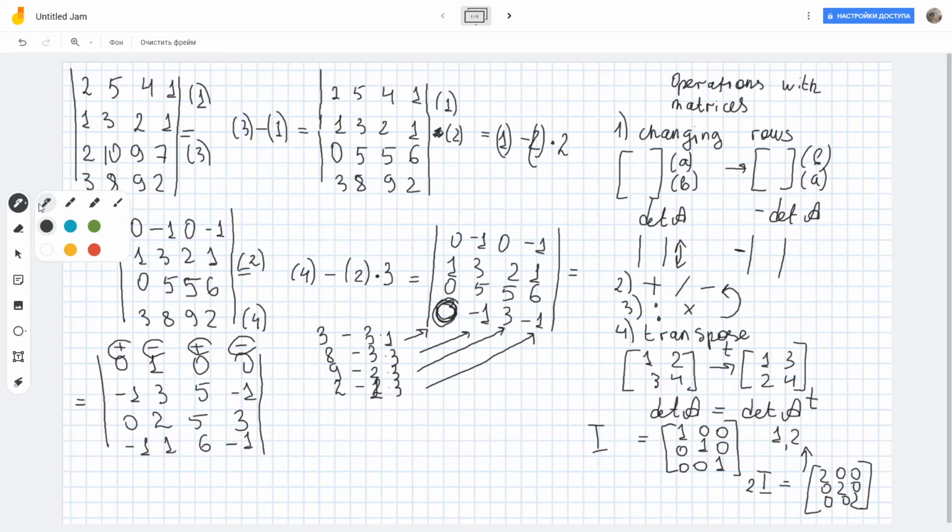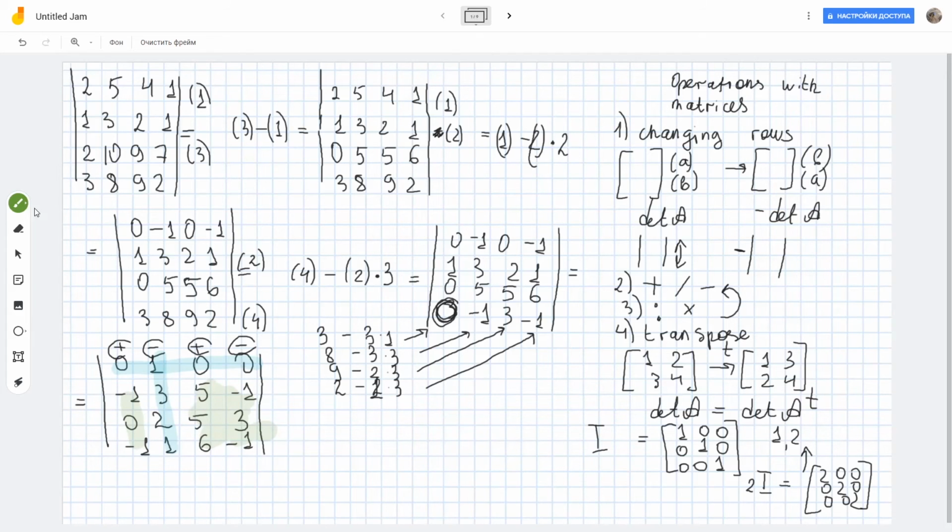So what we do, we cross out this column and this row, and we are left with this 3x3 matrix, which is highlighted with green color.